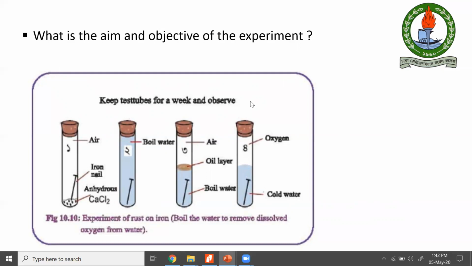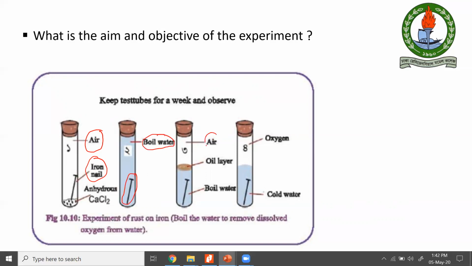The answer is, in the first test tube, an iron nail is present and air is present. In the second test tube, an iron nail is present and boiled water is present.